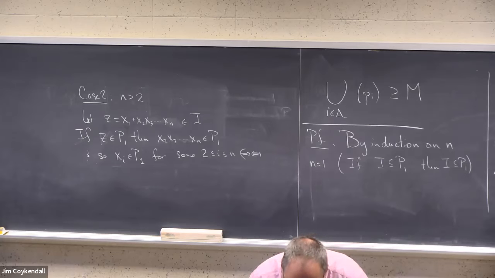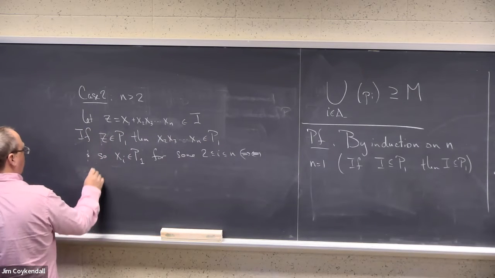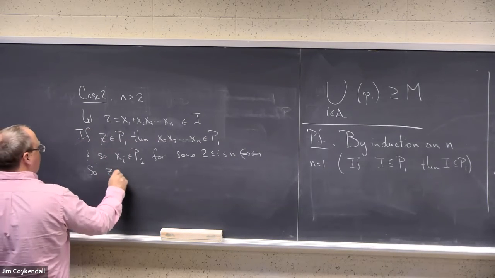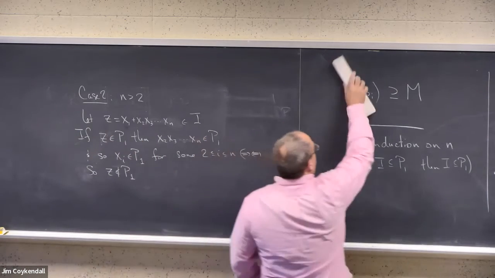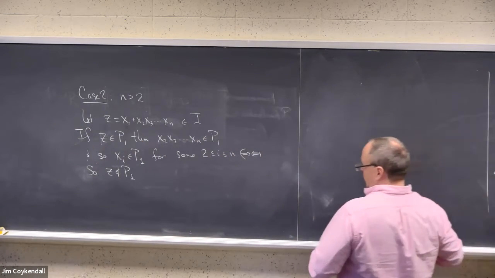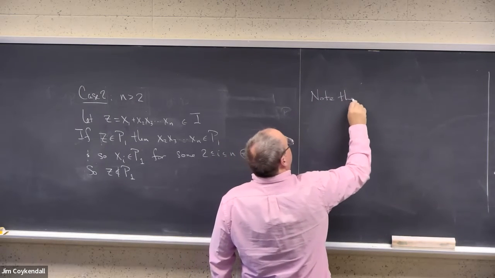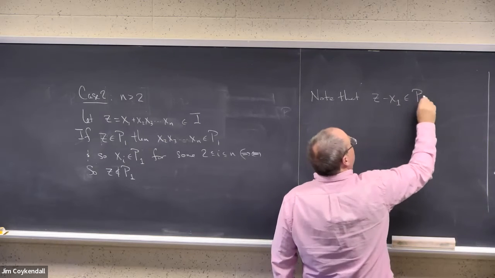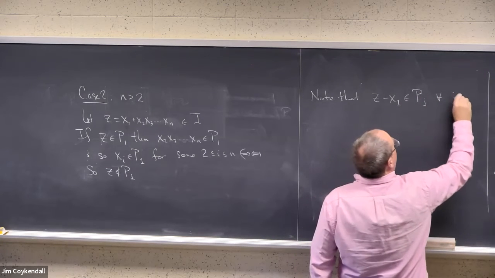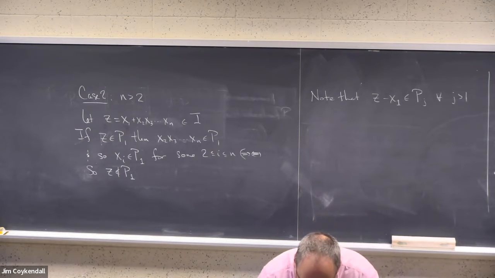Notice that z minus x1 is in Pj. Well, z is not in P1, so you can look at that. Notice that z minus x1 is in Pj for all j bigger than one, because it's the product of those other ones.